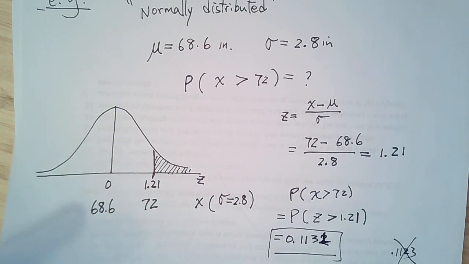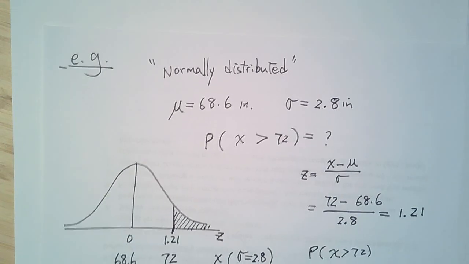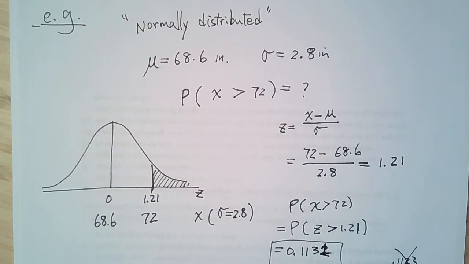Now let's think about this question again. I give you a normal distribution, but it's not standardized. It has its mean, it has its standard deviation, and I'm looking for something about the probability over there.